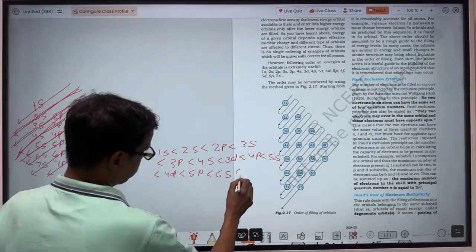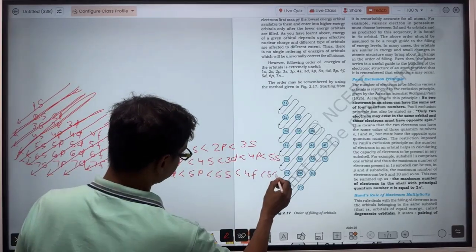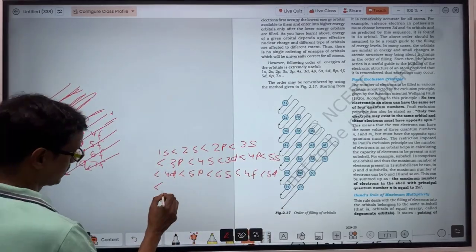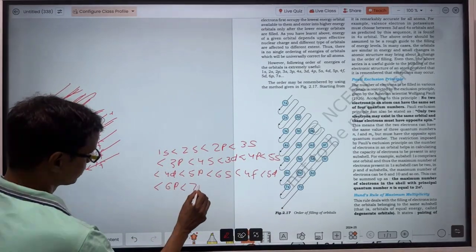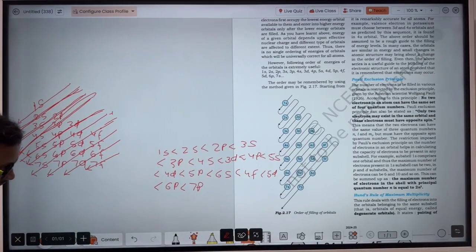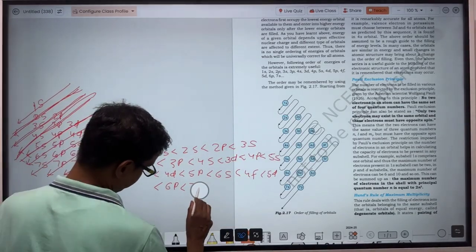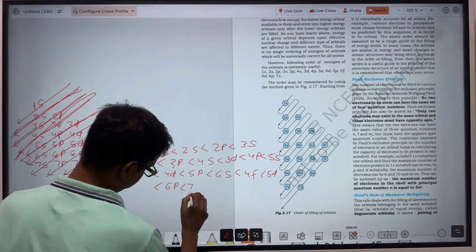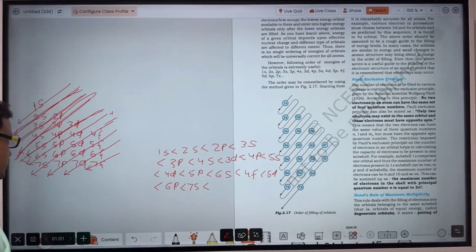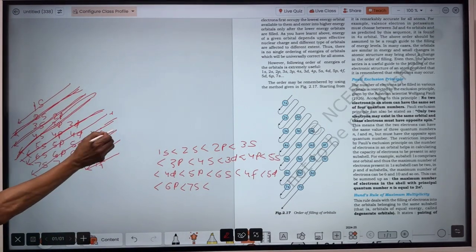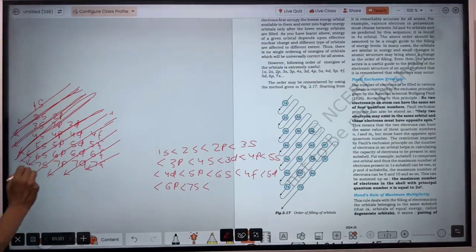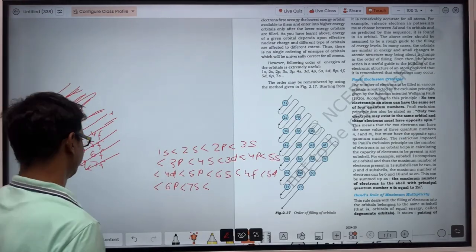So we will write 4f, 5d, 6p and then 7s. Then again go to the tail, then 5f, 6d and 7p.